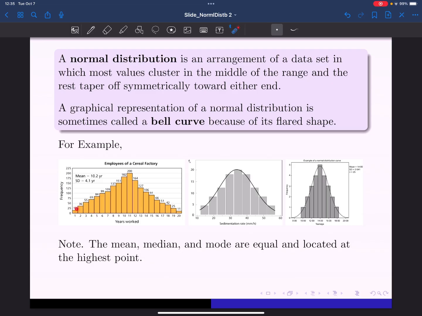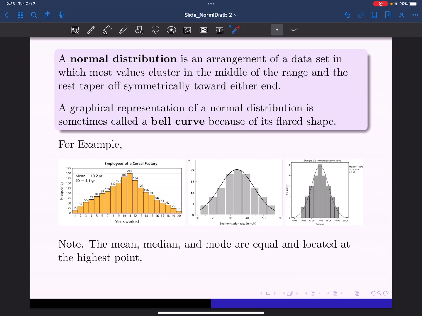So if we look at the shape the data creates, it makes a curve that is kind of bell shaped. So we say that this data set is normally distributed, because if you think that somewhere here is the median, then the average is almost equally distributed left and right. So we call this shape a normal distribution.